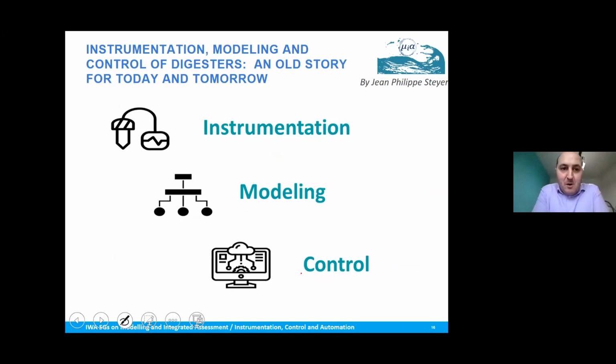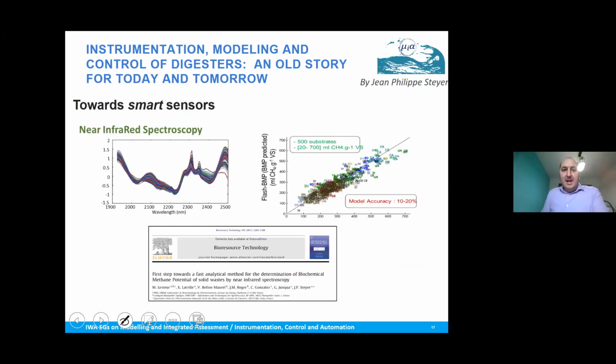Jean-Philippe Steyer also provided a state-of-the-art of instrumentation, modeling, and control in a presentation entitled "An Old Story for Today and Tomorrow." Jean-Philippe encouraged the audience to use smarter sensors, using a development at his laboratory on near-infrared spectroscopy, which shows a very good prediction between the measurement of this technique and the fast biochemical methane potential test.